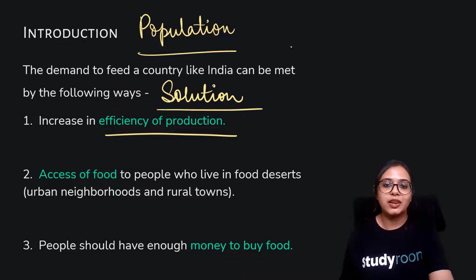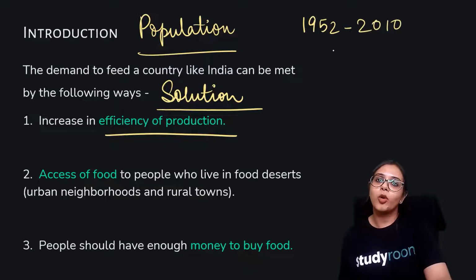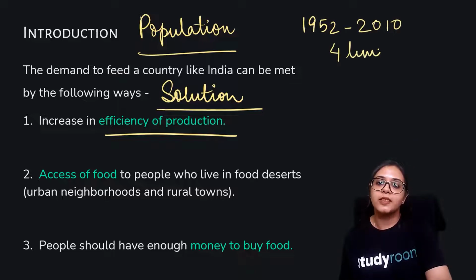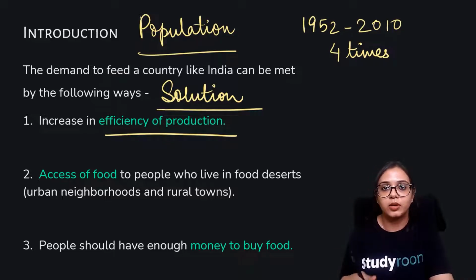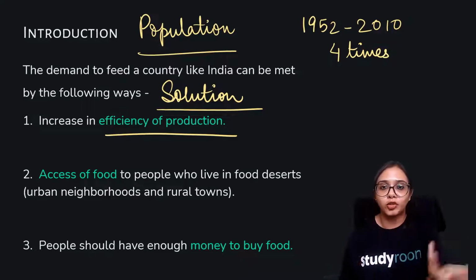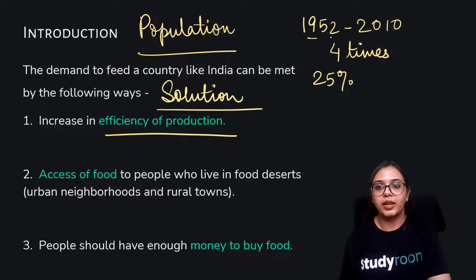Okay, and it is an interesting fact, you'll be surprised to know that during the duration of 1952 to 2010, there has been an increase in the production of food four times, but the land that has been in use for the production of these food resources has only been increased by 25%. All right, 1952 to 2010.